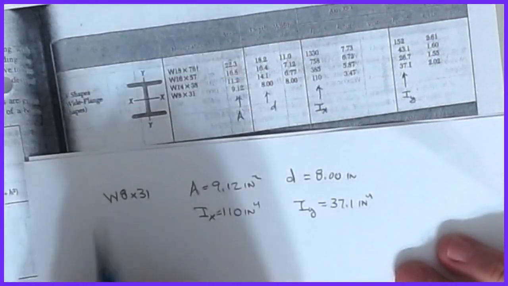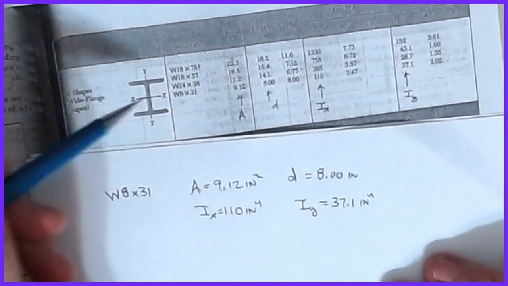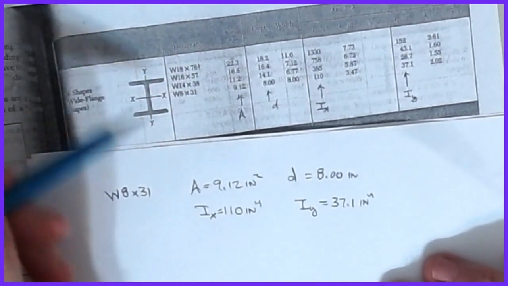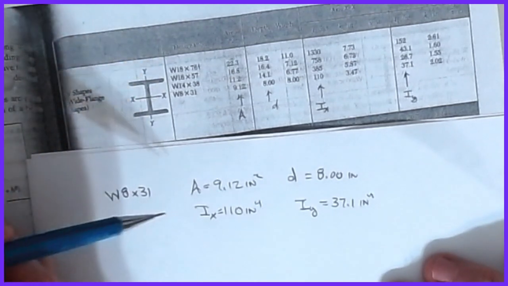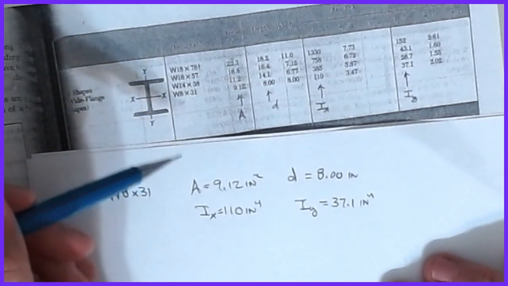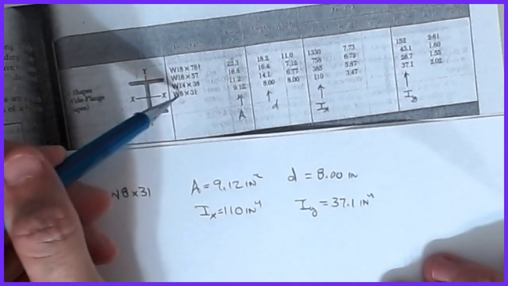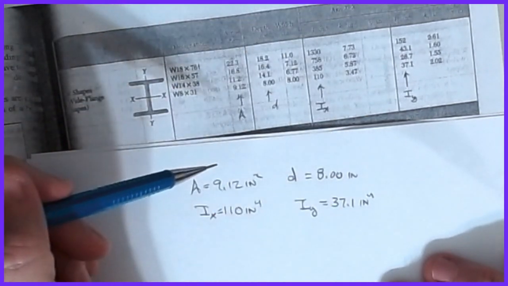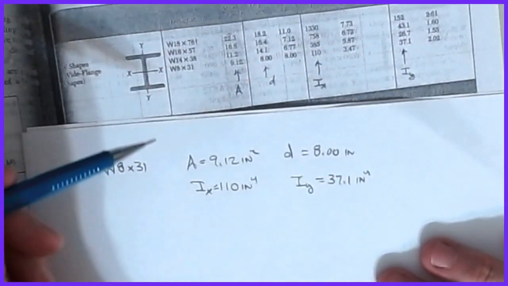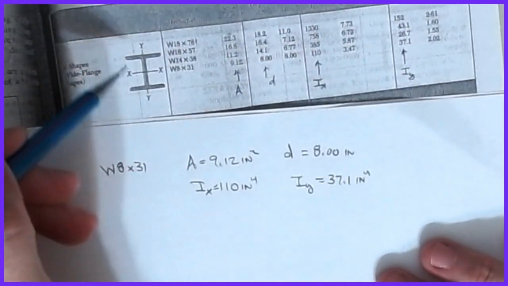I can read these, and they have all of these tallied up for you because the manufacturers of these shapes conform to a standard that they've all agreed upon, that any W8 by 31 that a manufacturer makes will have these section properties within a certain degree of tolerance.